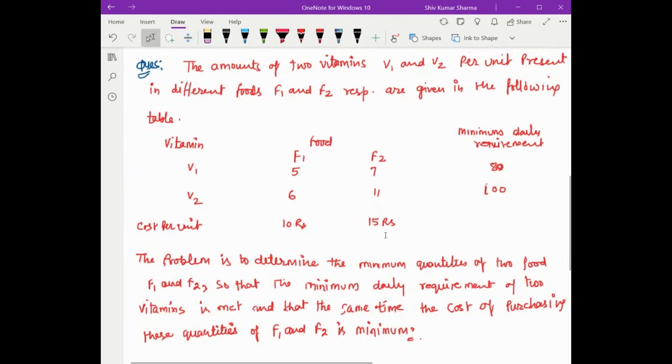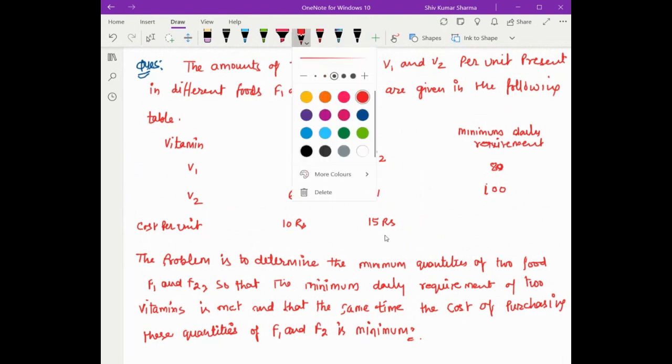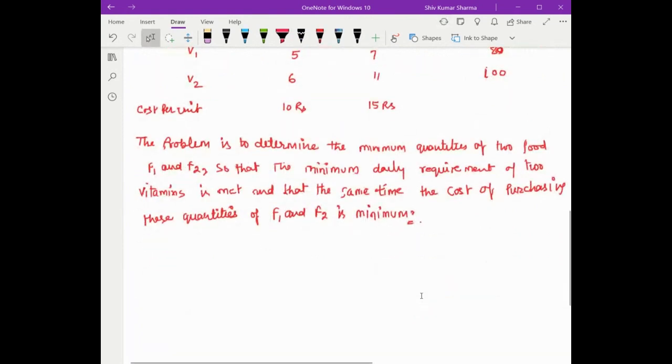So first we formulate the problem. The formulation we already studied in LPP, or we also discussed in NLPP. First we formulate the problem, then after formulating it, we write the dual of the problem.